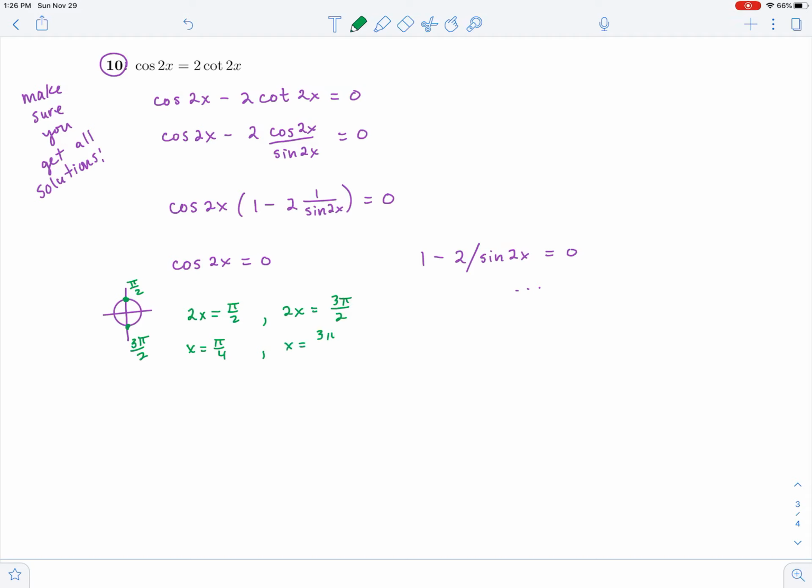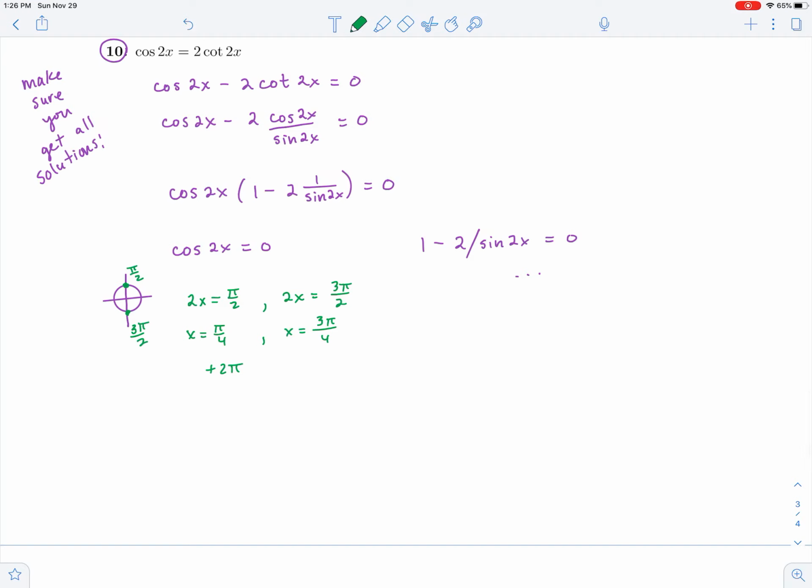And if I add 2 pi to this, let's see, I get x equals, is that 5/4 pi? Actually, I'm just kidding.